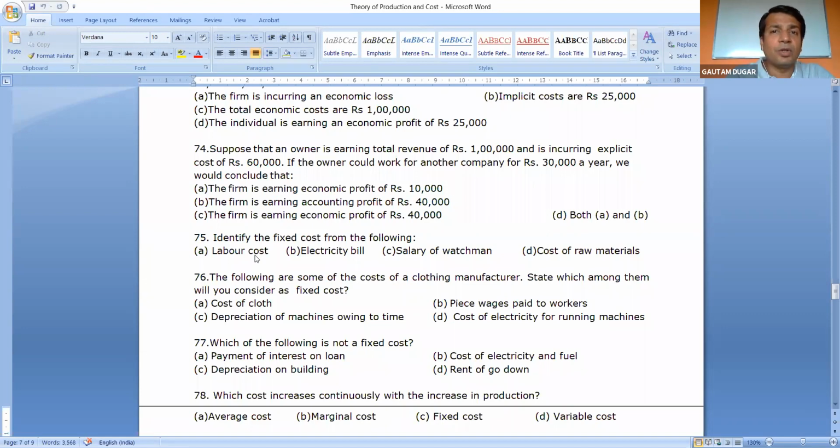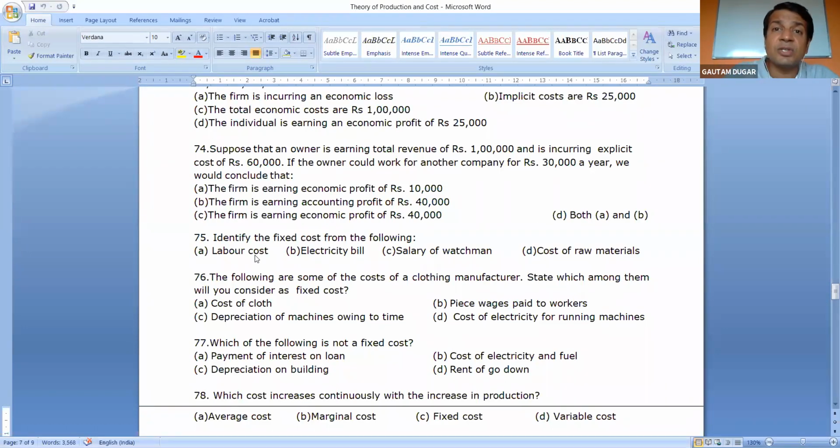Because ma'am, labor cost is a variable cost of production. Because the wages which we pay to the factors of production goes on increasing. Higher the production, higher the wages; lower the production, lower the wages.